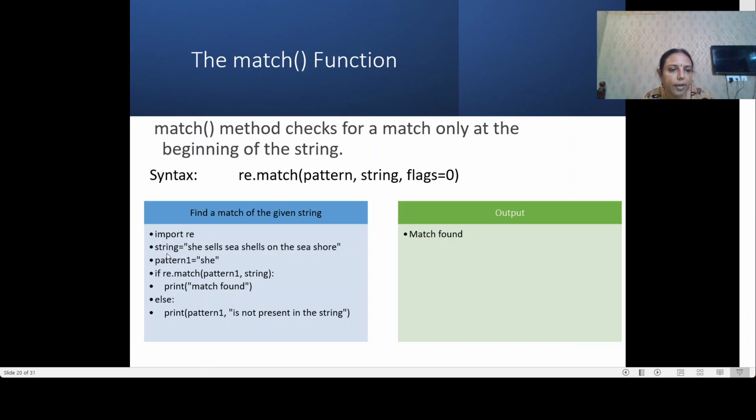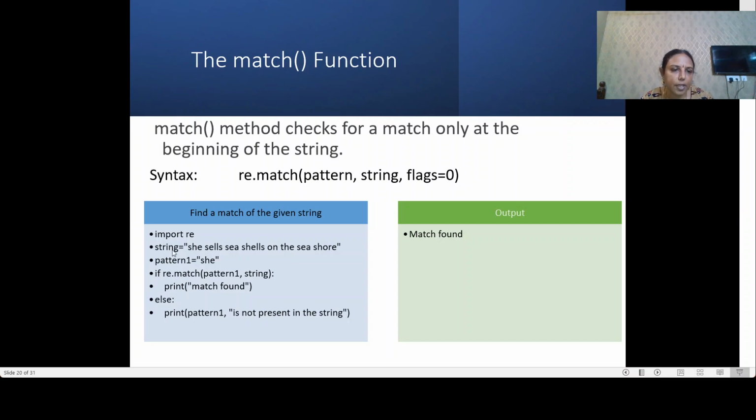Import re, and you are given a string, she sells seashells on the seashore. The pattern which you are going to search is she, and I am applying re.match. Match and search, everything will be using only two arguments. The first one will be the pattern and the second one will be the search string.